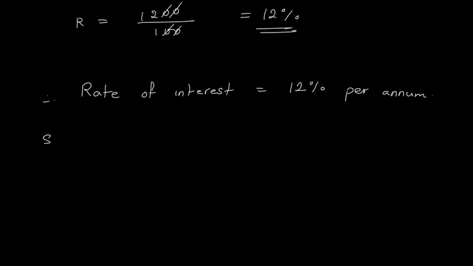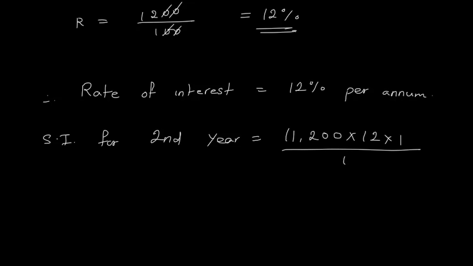Now simple interest for second year. For second year, principal will be amount at the end of first year, which is 11,200, multiplied by rate, now we know 12%, divided by 100. This is simple interest for the second year. So here these two zeros we cancel.